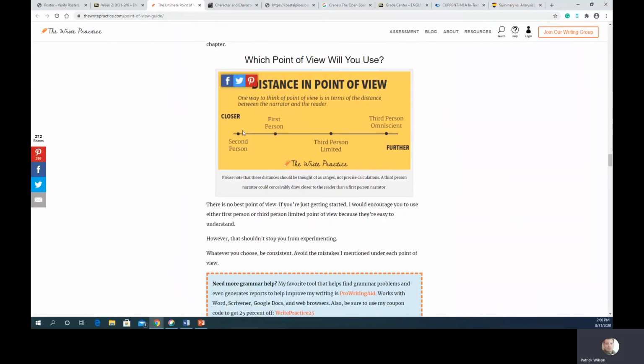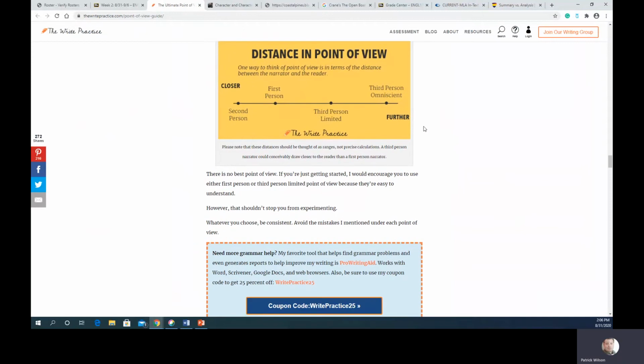The second person is closer, first person's a little bit up, third person limited, third person omniscient is further away. A lot of these stories that we read this last week and a half or so dealt with more of the third person. So again, that's why you want to reflect your writing, your analysis, your interpretation more in the third person as well.